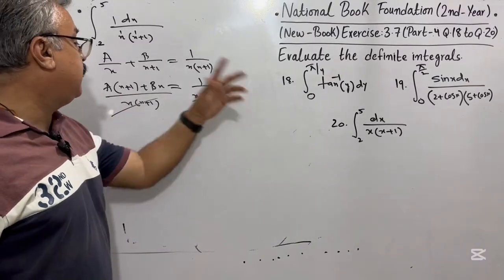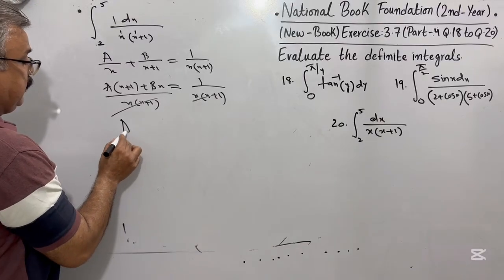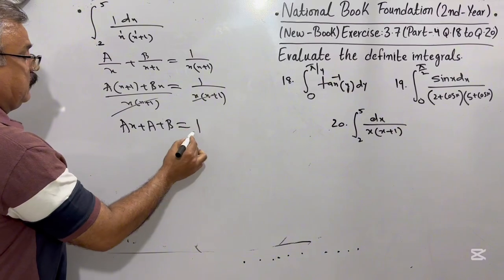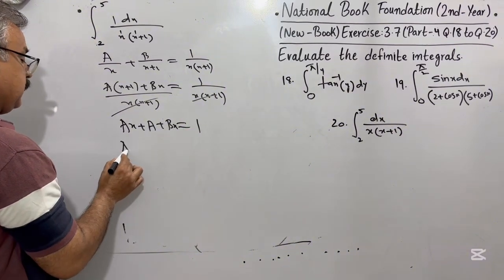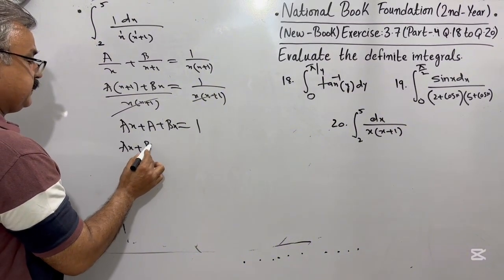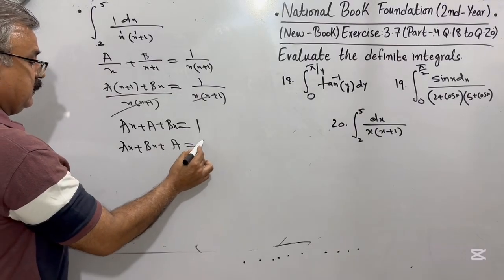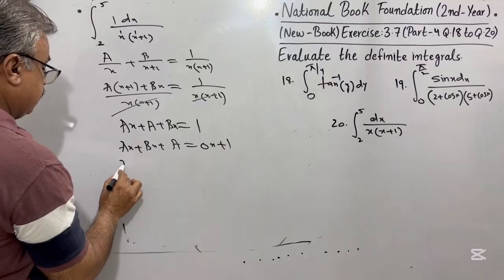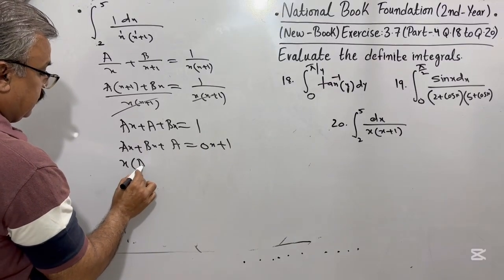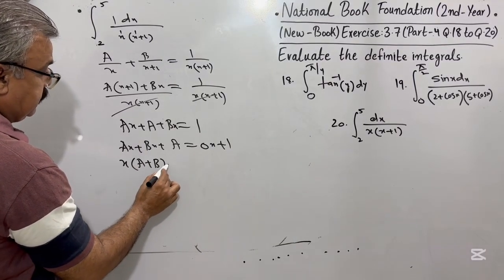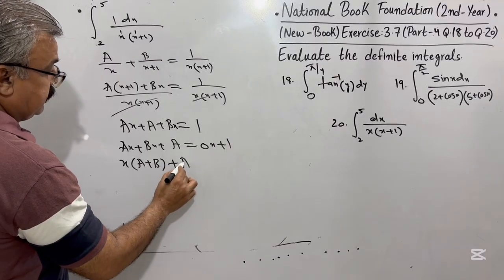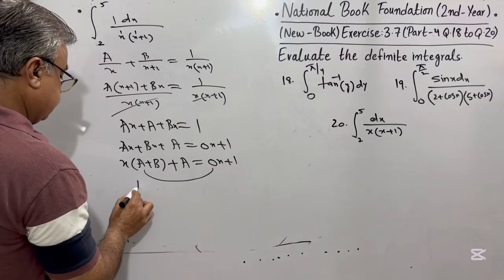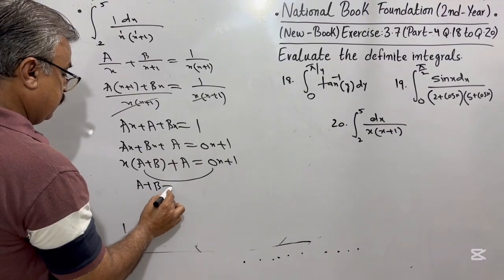Multiply: a times x plus 1 plus b times x is equal to 1. Collecting like terms, ax plus bx plus a is equal to 0x plus 1. Taking x common and comparing the coefficients of same powers, x times a plus b plus a is 0x plus 1. Coefficient of x: a plus b is equal to 0.